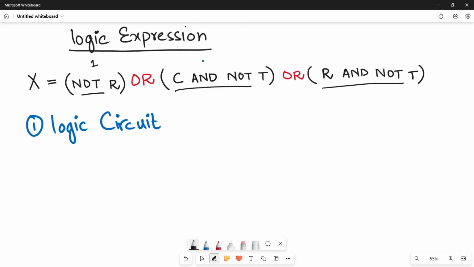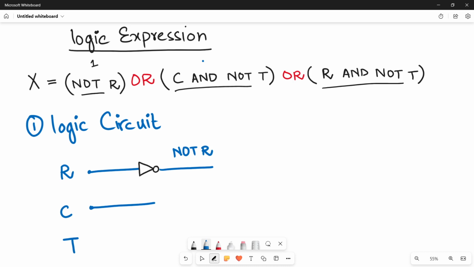So let's start with the first one. The first one is NOT R. It means that your input R, this is R, is going to be passed through an inverter in order to give me NOT R. Okay, so the next thing is C and NOT T. So now I will make a line for C and then I will make another line for T. But in my expression, T is inverted.